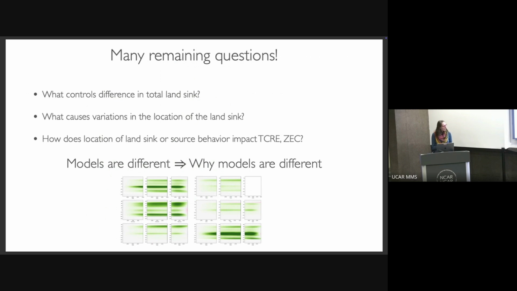This is showing that green plot that I showed you earlier across the models, just to show you the really different character of what they're doing, why the carbon is going where it's going. So this is just the beginning of ongoing work to figure out why this is happening. And then, as Dave alluded to, I'm very interested in trying to run multiple ensemble members with different assumptions about land.